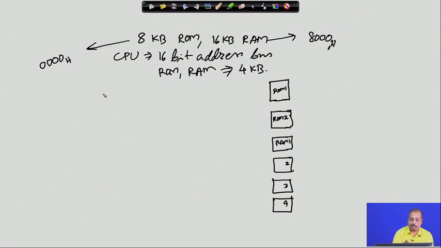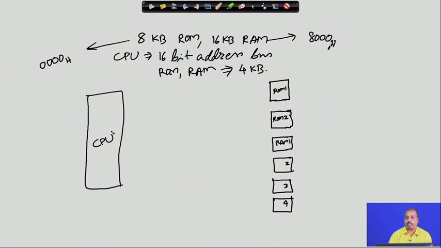On this side I have the processor, the CPU, from where the address bus and data bus lines go out. Since each chip is 4 kilobyte, to address 4 kilobyte I will need 12 bits of address. 12 address lines will be sufficient to differentiate between the locations within individual chips.